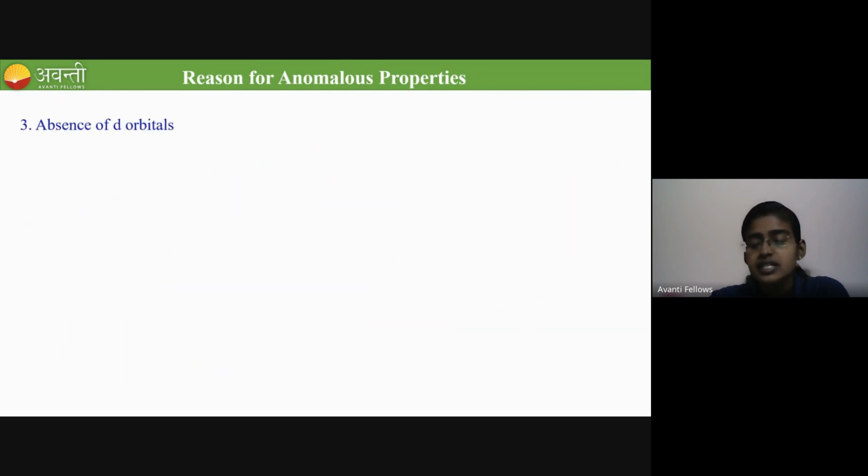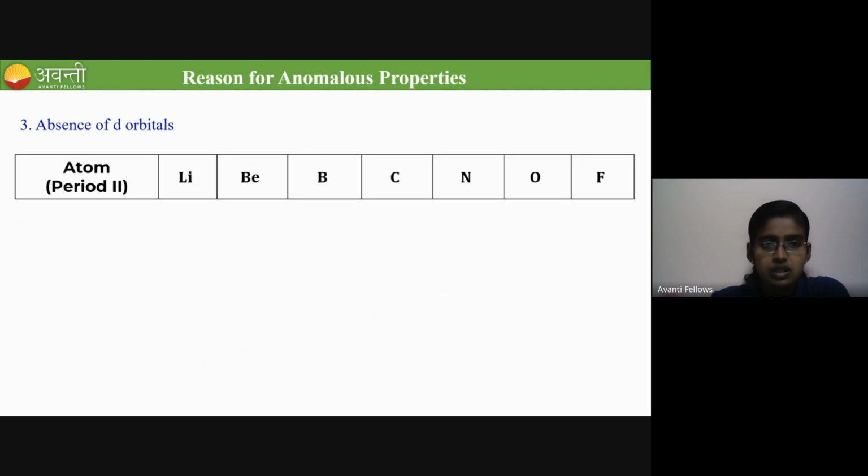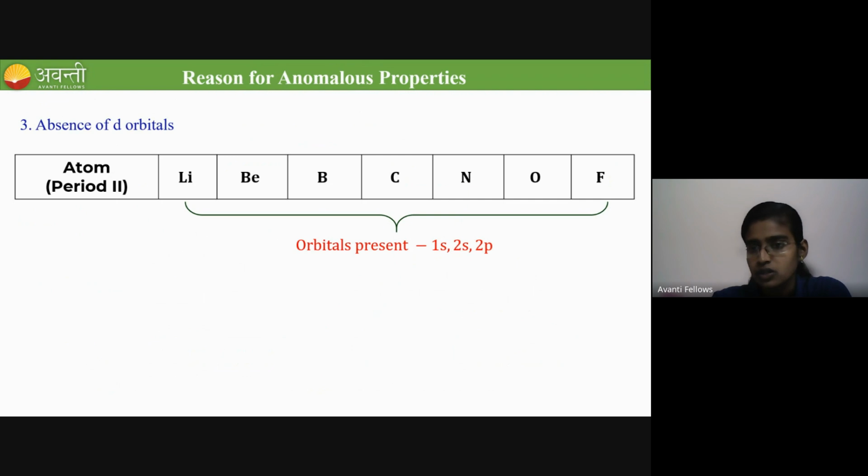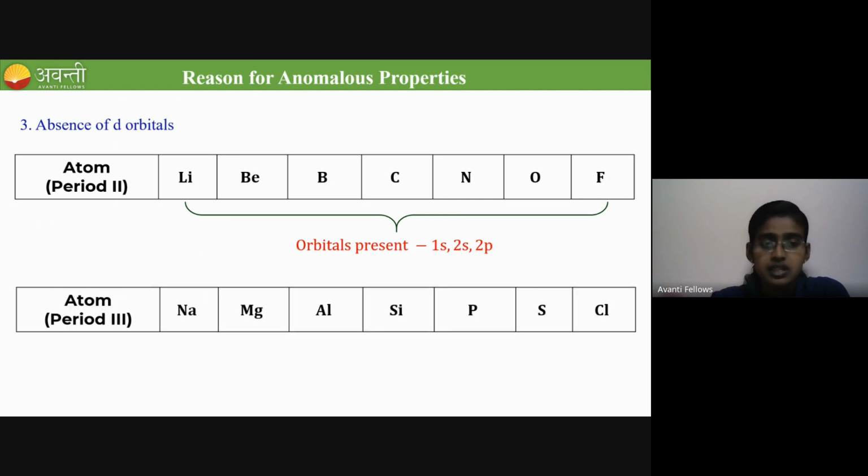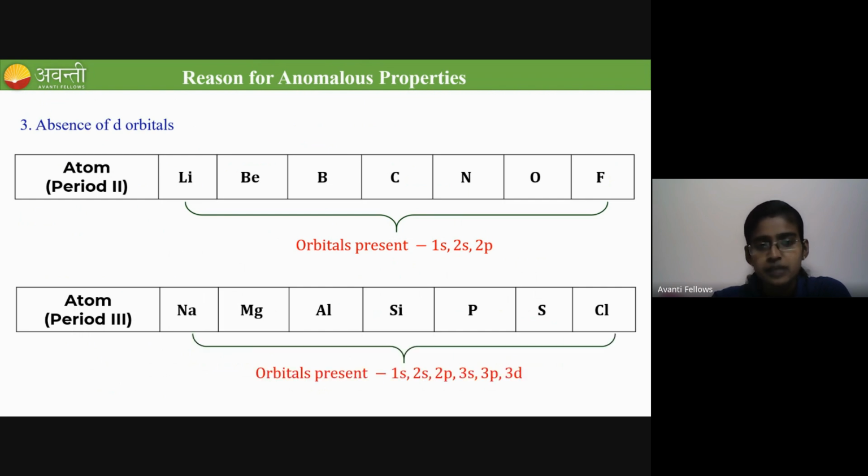And the third reason is absence of d orbital. We already discussed this, no? All these second period elements, lithium, beryllium, boron, carbon, nitrogen, oxygen, fluorine, they have only 1s, 2s and 2p orbitals. Whereas when you go for third period elements, that is sodium till chlorine, they have 1s, 2s, 2p, along with that they have 3s, 3p, 3d also, because they are third period.